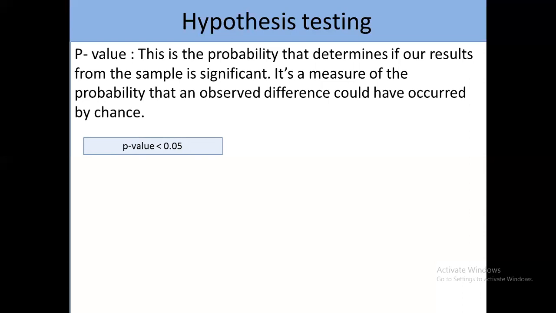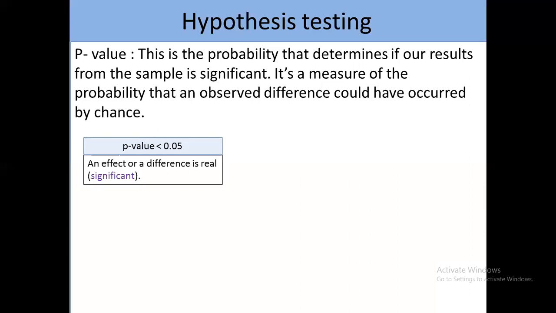This p-value you will not calculate by yourself. It is the software or tool you're using, maybe Minitab or Python, that will give us this value. If we get a p-value of less than 0.05, then whatever we have found from our findings is a significant effect, a significant result.